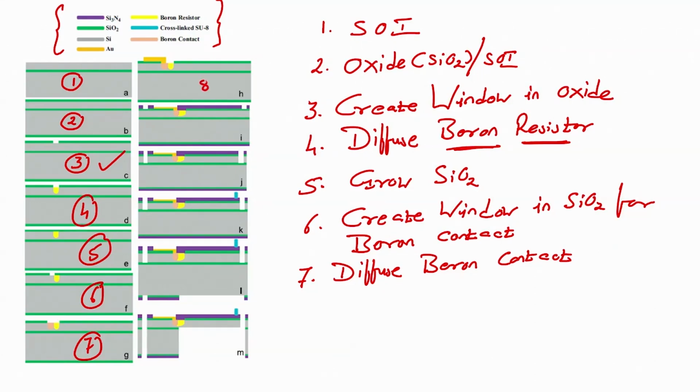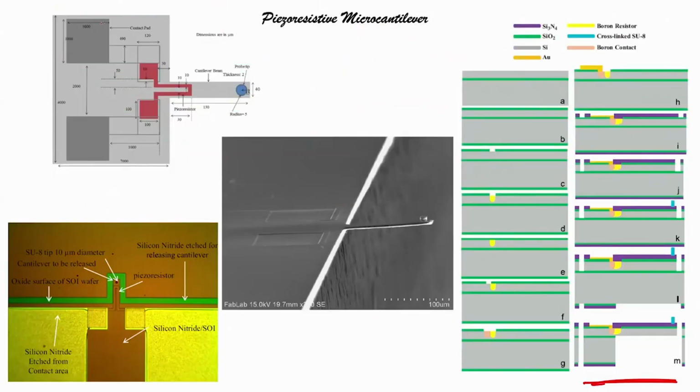Next step is deposit chrome gold and pattern it. So, here what we are getting? We are getting a long contact pad out. So, where are we? You see here these contact pads.